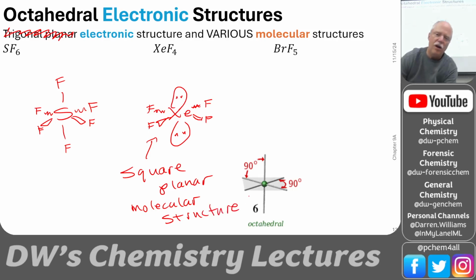So I think I've gone through all, I mean, maybe not every one of the odd shapes. This one's going to have a lone pair. I think this one's a square pyramid.